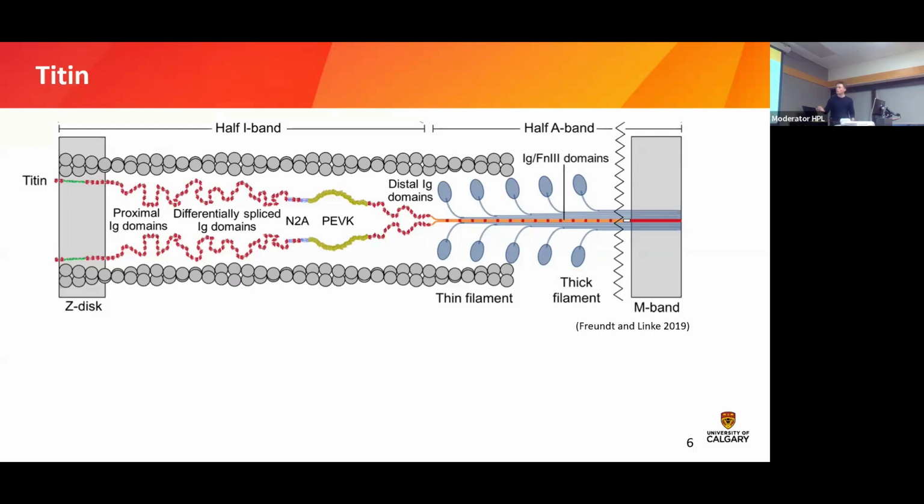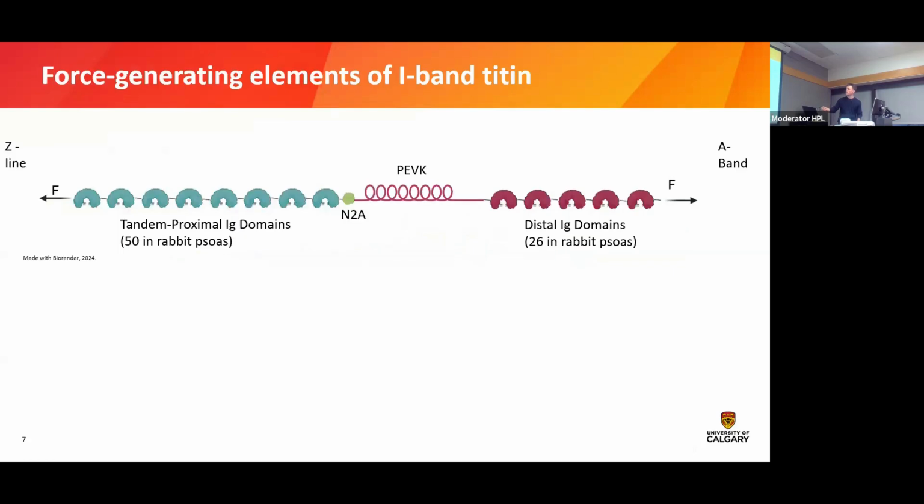We think it might also bind actin. PEVK is a spring-like region, and the distal immunoglobulin domains are in general pretty similar to the proximal immunoglobulin domains. All of this together is the extensible region of Titin. So when Titin is stretched, this is the region of Titin that's stretched. So let's talk about each of those things individually.